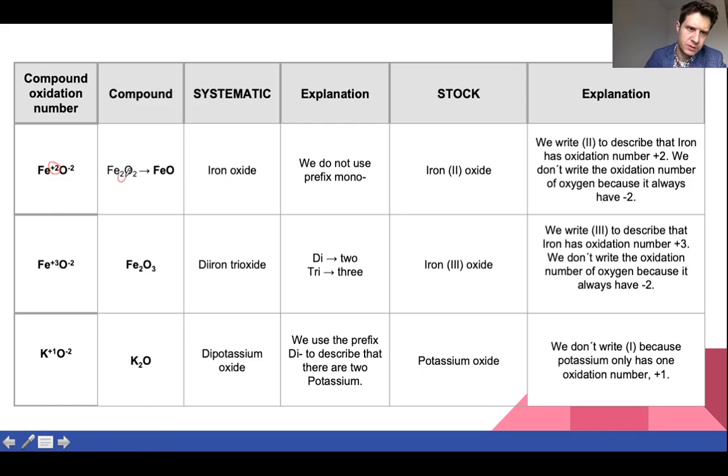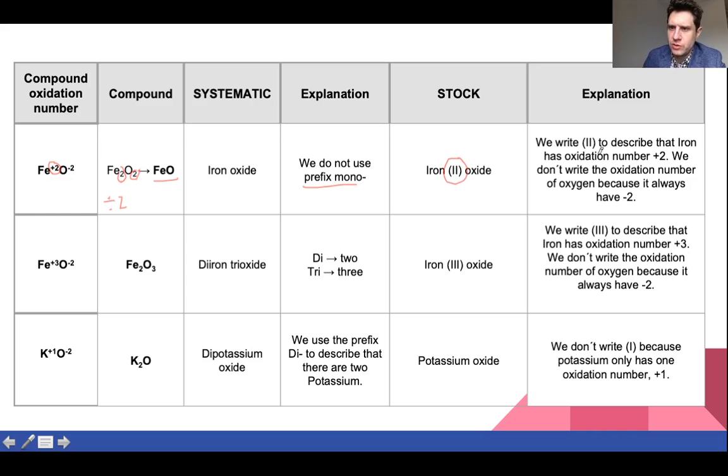We shift, we put it on both sides of the compound, and we divide by 2. Iron oxide. We don't use the prefix mono in this case. Iron in stock nomenclature has a Roman number, because iron has more than one oxidation number.